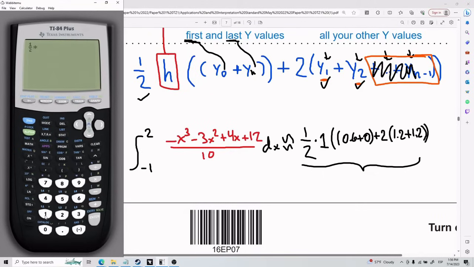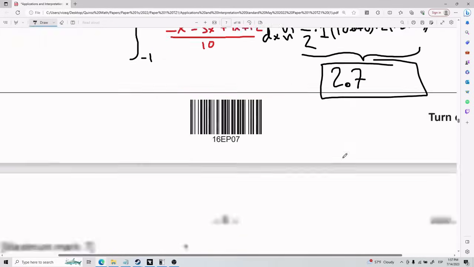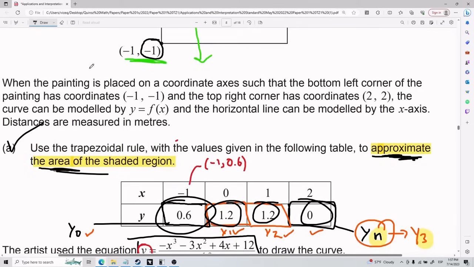I don't really need to put times 1, I'm just doing it to show it. Parentheses 0.6 plus 0. I don't need to put plus 0 either, I'm just showing that is yn. Okay, it's always good to be organized. Times 2 times 1.2 plus 1.2, and the answer is 2.7. All right, and that is for part A.